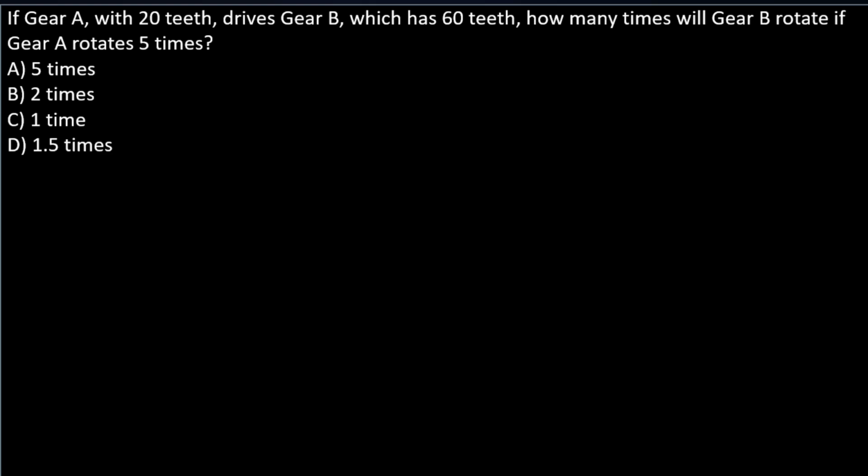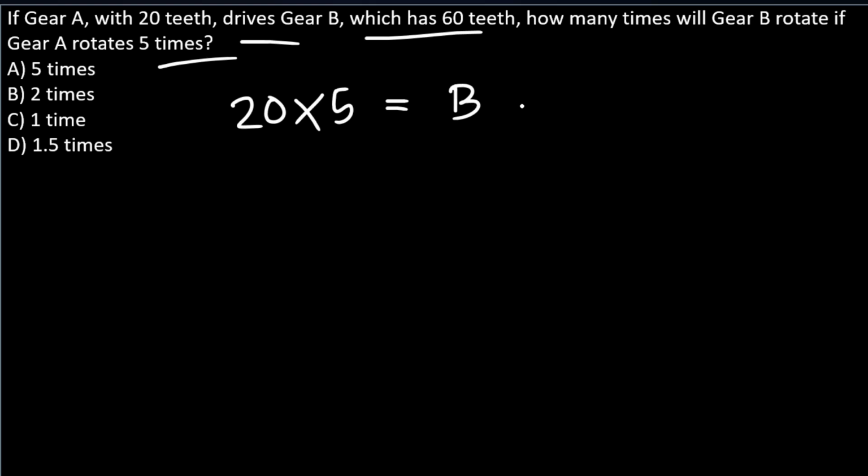So now come to another problem. If a gear A with 20 teeth drives gear B, which has 60 teeth, how many times will gear B rotate if gear A rotates 5 times? So gear A rotates 5 times, so the number of teeth of A, 20, times 5 equals the number of teeth of gear B, 60, times its rotation.